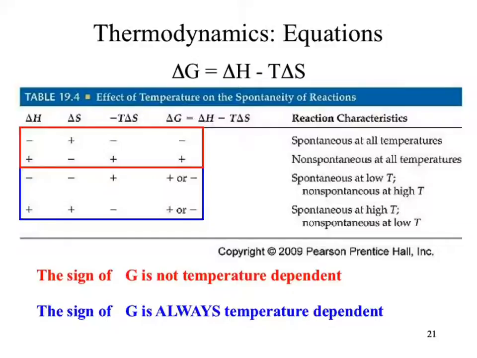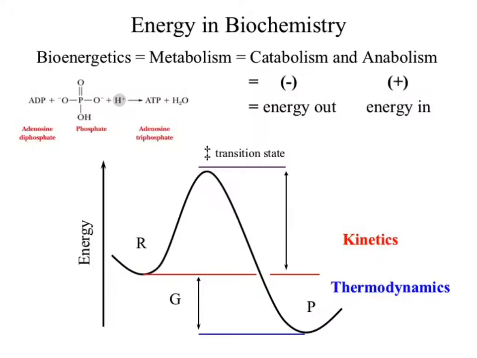Understanding spontaneity comes from what happens with our sign. For a reaction to be spontaneous, what had to happen? The products needed to be lower in energy than the reactants. So when I take a delta, a change, I'm going to take the energy of the products minus the energy of the reactants. So for an easy spontaneous reaction, my delta G will always be negative.